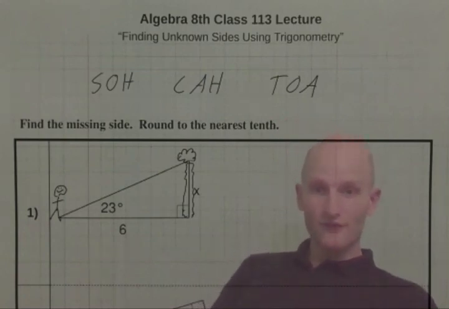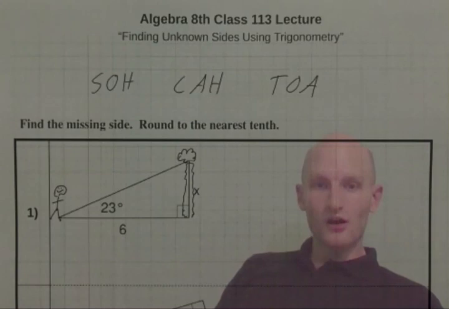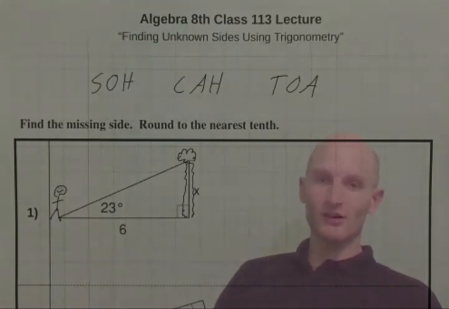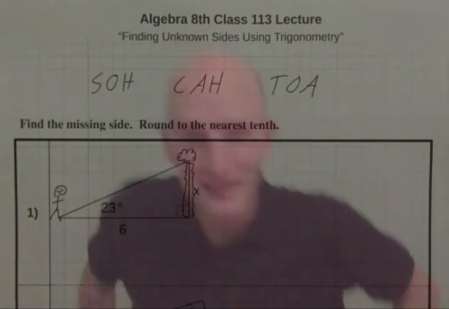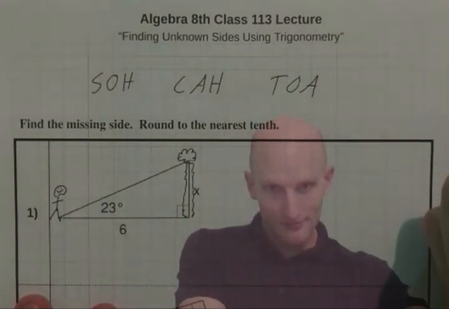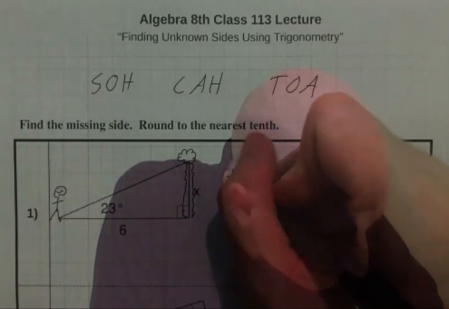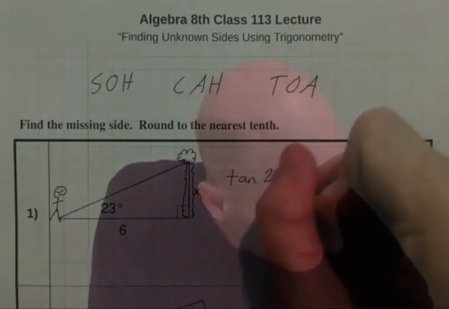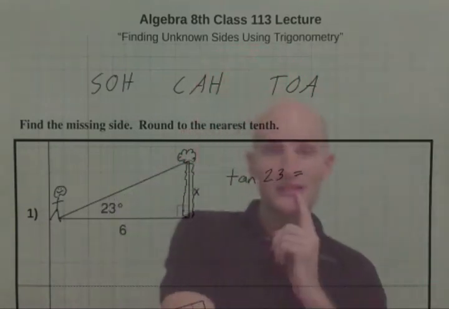So now which trig function, this, or this, involves O and A? There's only one. O and A, only tangent. Right? Only tangent. So watch what I do to find x. I'm going to say tangent of 23 equals opposite over adjacent, right?